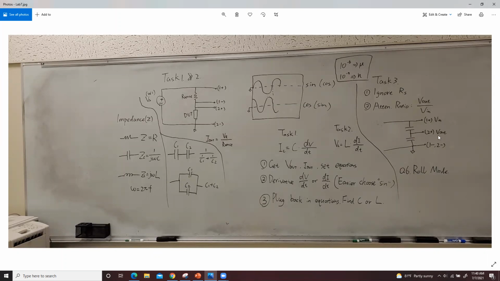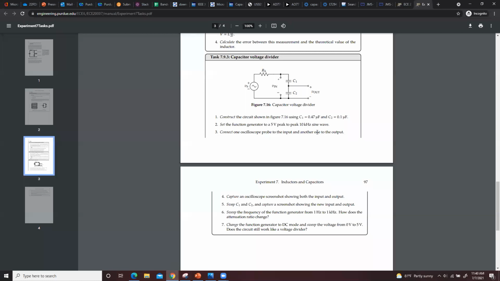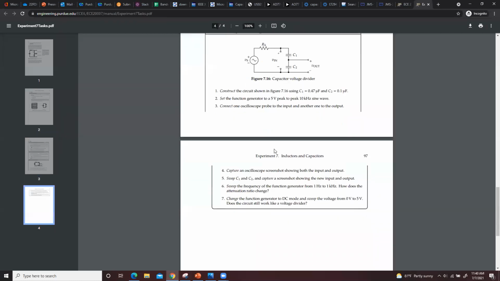Then you may want to use channel 2 to detect the output, so you put 2 plus in between the capacitors. Then 1 minus and 2 minus should connect to here, and here should be connected to ground. That's how you build the circuit. Then you follow the steps, and don't forget to take a screenshot.